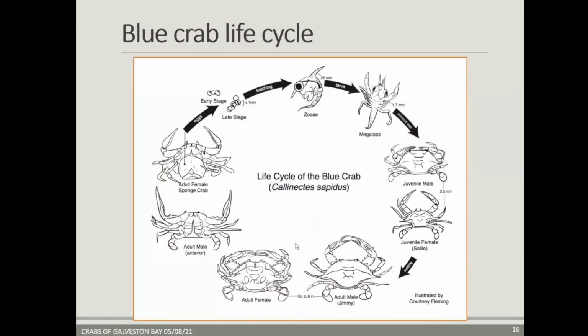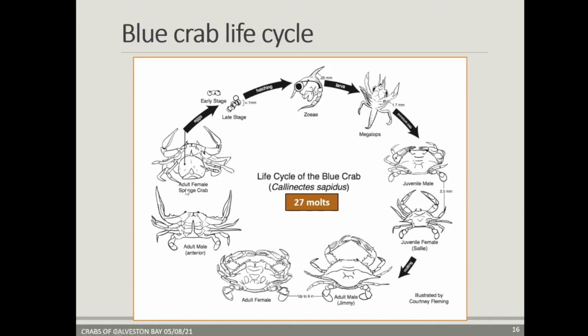This is the blue crab life cycle. So I talked in general about the life cycle of crabs. But we know a lot about the actual life cycle of the blue crab, which is a good example of how it works. So the blue crab life cycle consists of 27 molts. This is average. If you get a really old blue crab, it's going to be more than that.